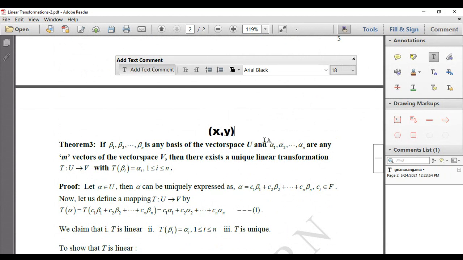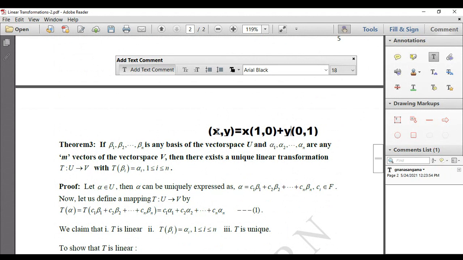Then we know that the vectors (1, 0) and (0, 1) span this R2. Why? Because every element of R2 can be written as x into (1, 0) plus y into (0, 1).